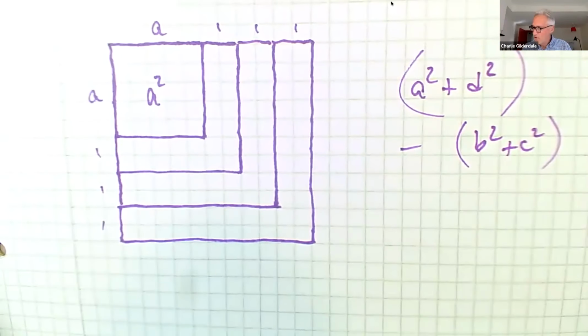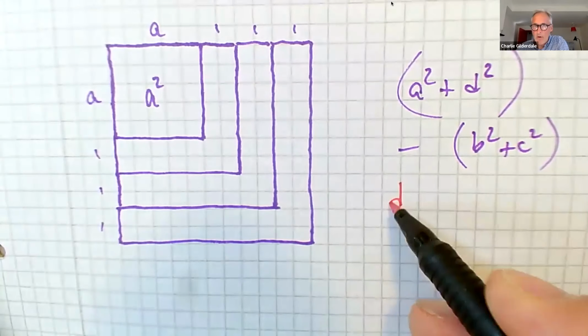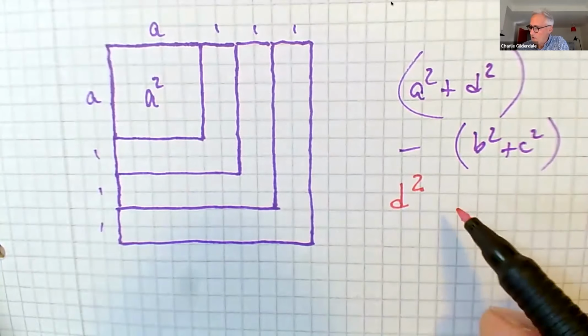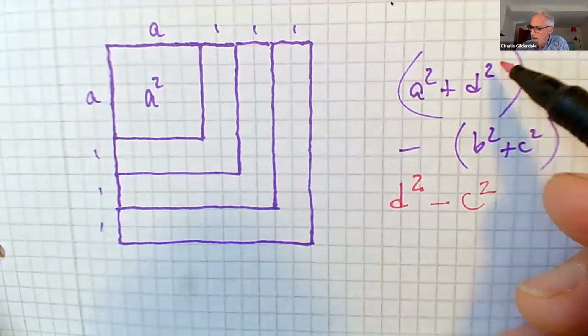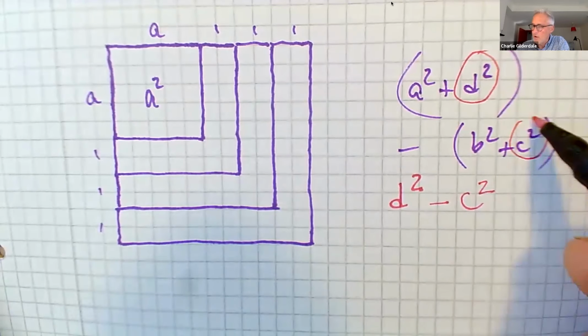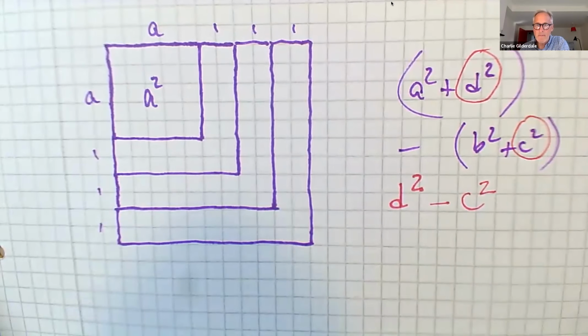So I'm going to think about d squared. I'm going to have a go at shading d squared minus c squared. So I'm going to look at these two together first.